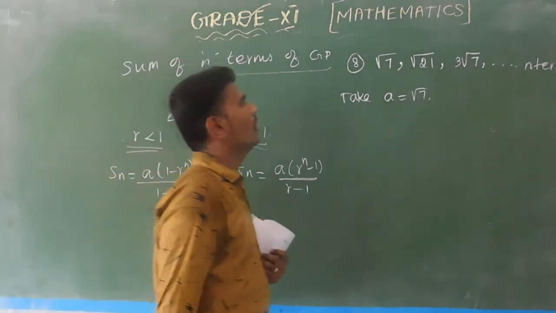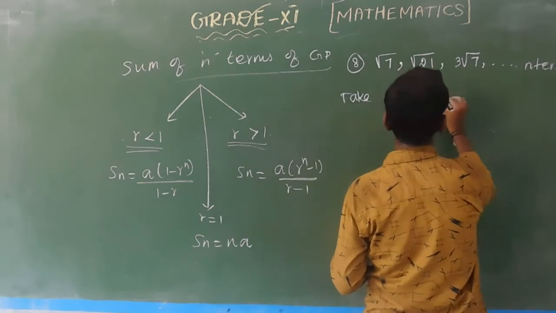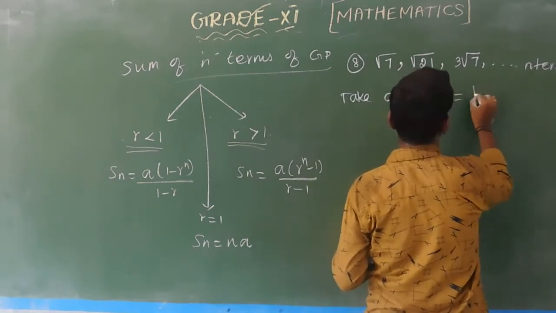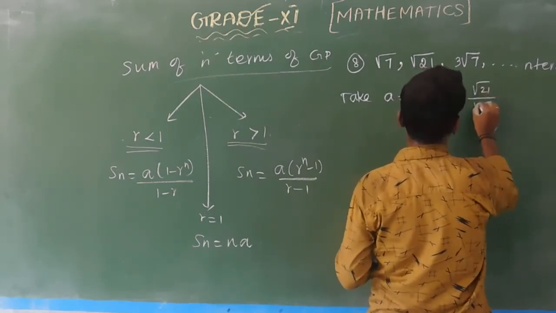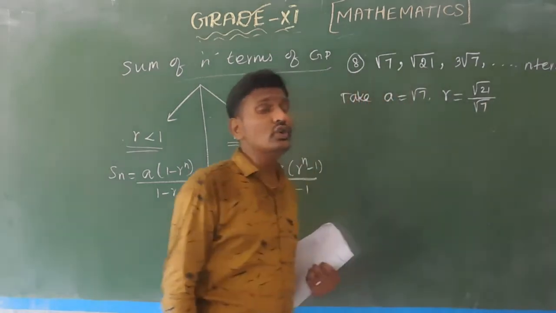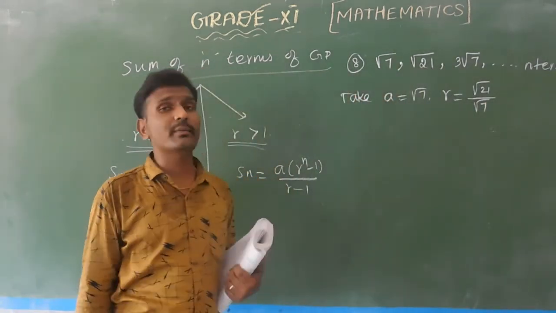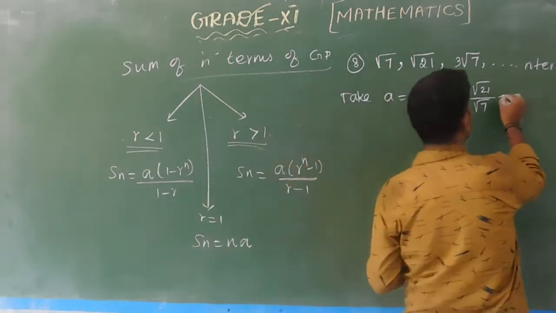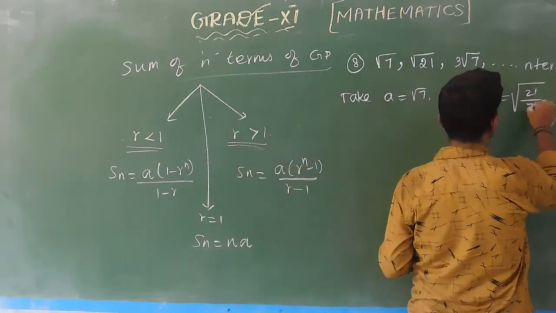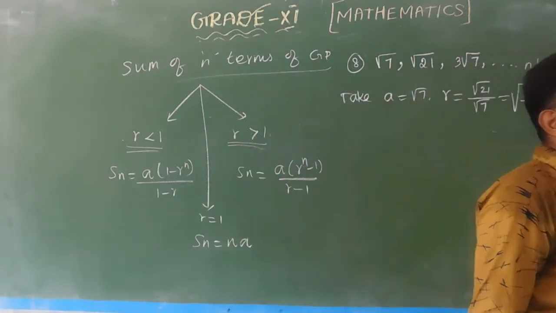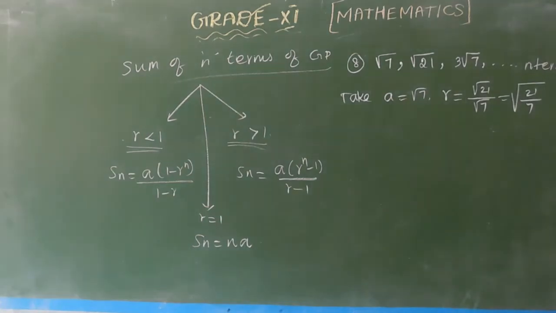Yes, student. Okay. Now A equal to root 7 and the common ratio is T2 divided by T1. So that is root 21 divided by root 7. So I am taking the square root common on 21 divided by 7. And I have a value of this: 7 1s are 7, 7 3s are 21.